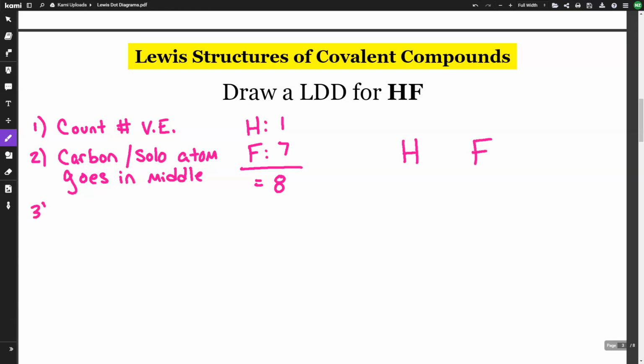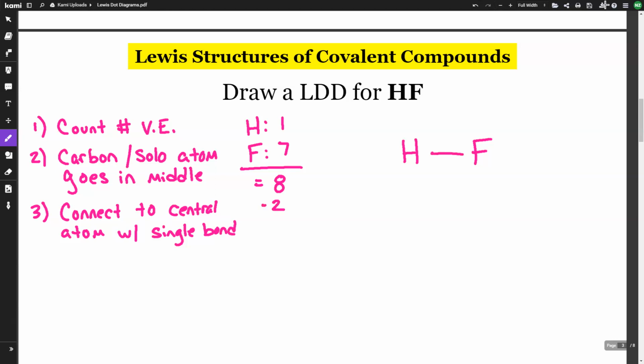Step 3 is connect to central atom with a single bond. So I'm going to subtract 2 that we are bonding here, and we have 6 remaining.